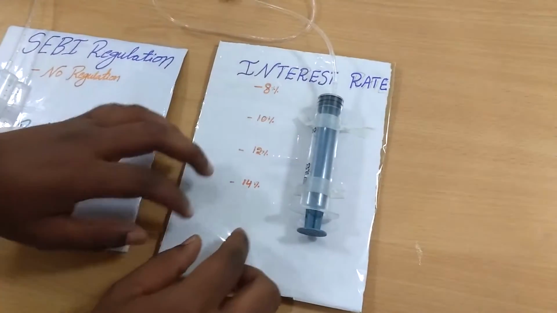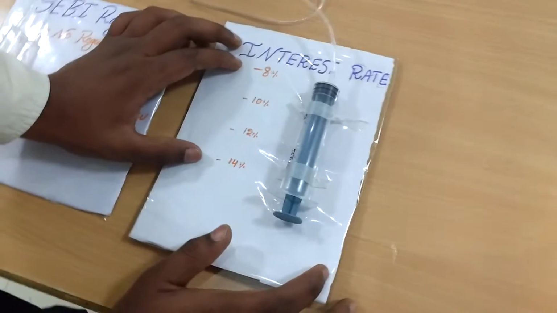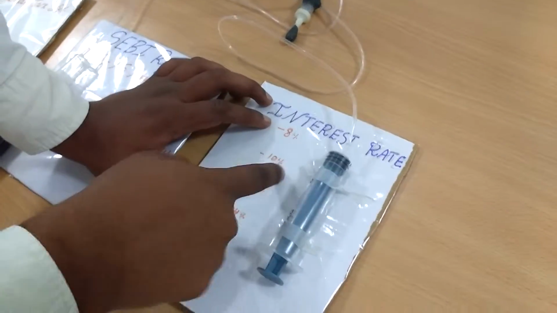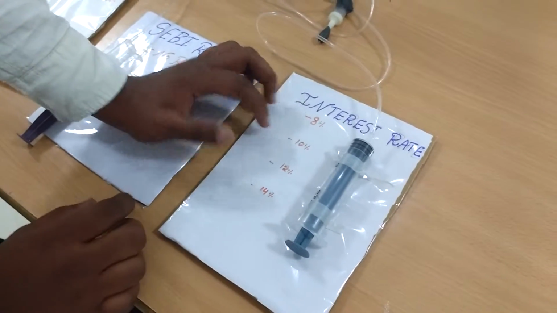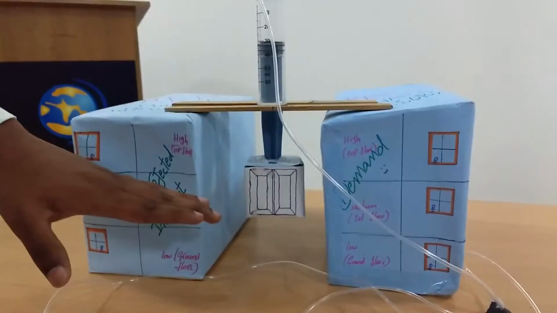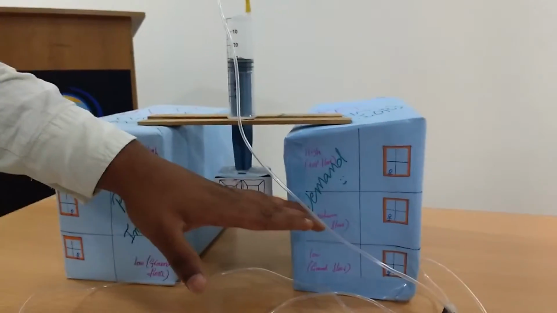Now the third trigger is interest rate. Here I have taken an example. Interest rates are like 8%, 10%, 12% and 14%. When the interest rate is at 8%, the investment is at medium level and demand is also at medium level.